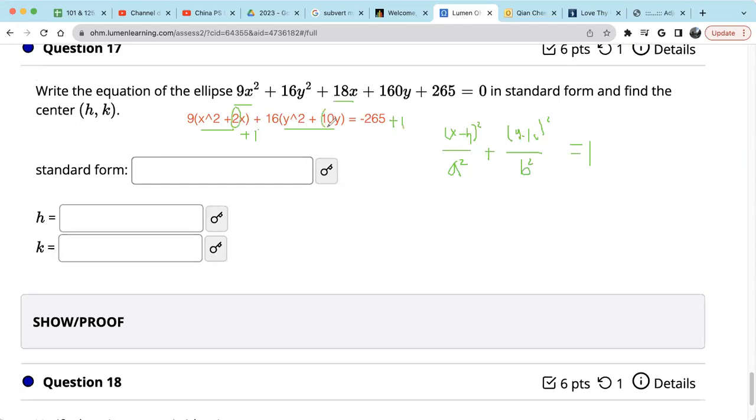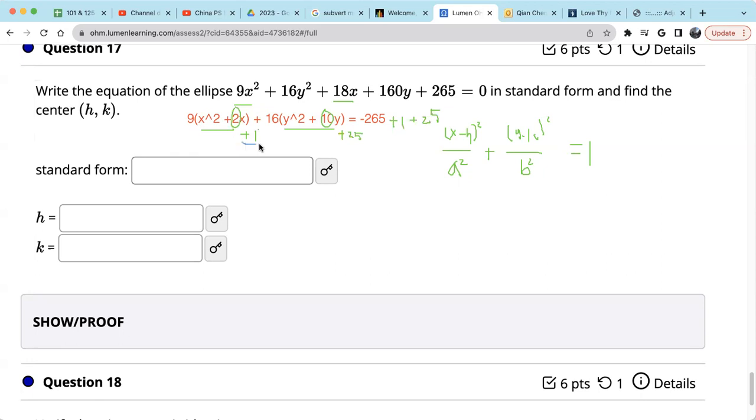For this one, I take 10, I divide 10 by 2, I get 5. So I'm going to add 5 squared. 5 squared is 25. I'm going to add 25 on the other side of the equation as well. Oops. Okay. Oh, you know what? I made a mistake. Can anybody tell me what's the mistake I have made? Let me use a different color.